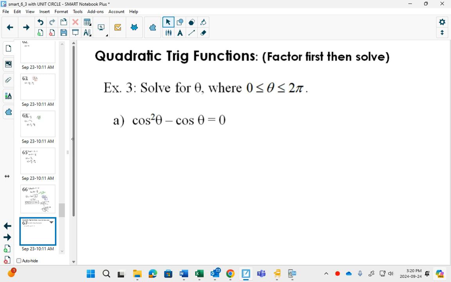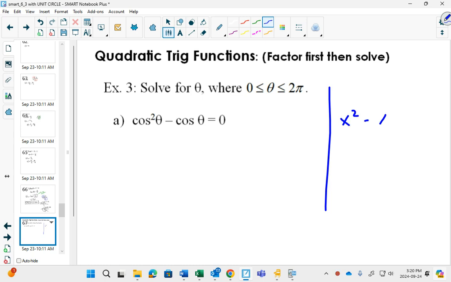solve questions that are quadratic, but quadratic with trig functions. So you have to remember how you solve quadratic equations with factoring, but now you also have your unit circle involved with it. So if this was a quadratic equation and I had x's instead of cos's, do you remember how you would solve a question like this? Right? We would factor. We would make one side equal 0, and the reason we factor is factoring changes something from adding and subtracting to multiplying.